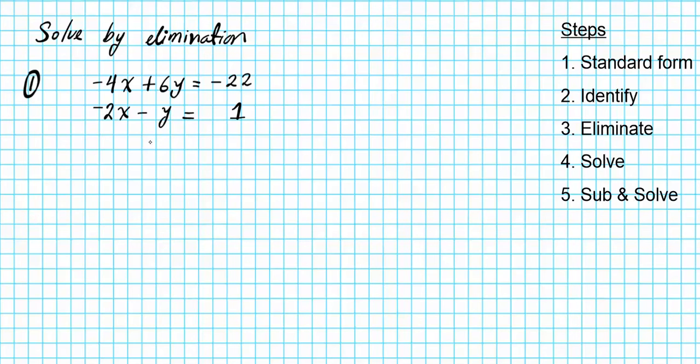Now what we're going to do next is look at the x's and the y's and ask ourselves, which of them are opposites? These are not opposites. These are not opposites either. So the next question is, which of them is easier to convert into opposites?